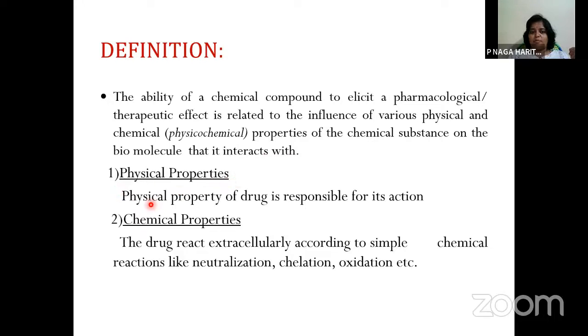So the physical properties of a drug are responsible for its action, whereas chemical properties relate to simple chemical reactions like neutralization, chelation, and oxidation. So how a particular drug is chemically reacting, and by altering its physical property, how it is going to show the pharmacological action. Right?